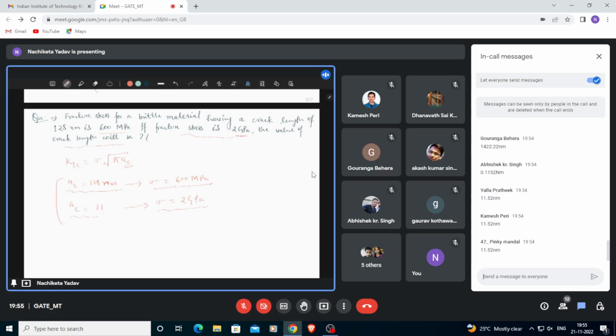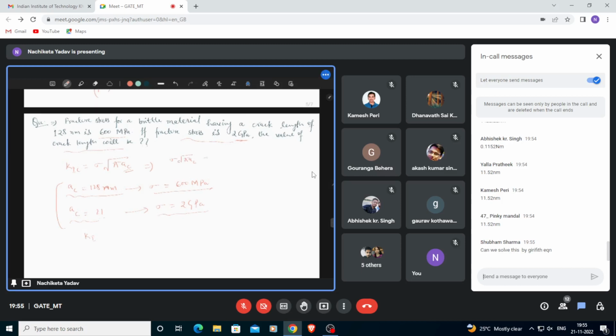See, fracture toughness KIC value, we know already this equation. So sigma root pi AC value will be equal to sigma is given 600 into root pi into 128 nanometer.